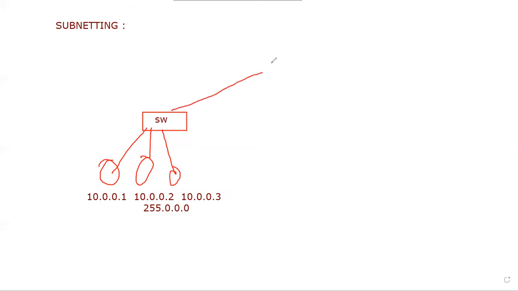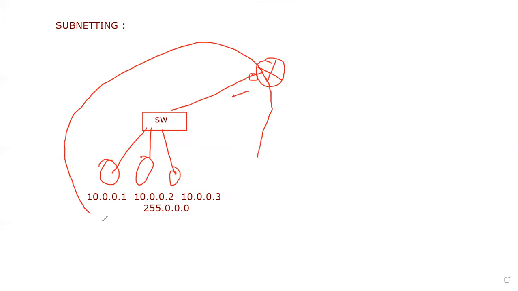Now this switch is connected with the router. Router is also associated with 10.0.0.4. But in A class, we have 16 million IP addresses. And if a router is placed there, then the router is a device which works on a different network ID.